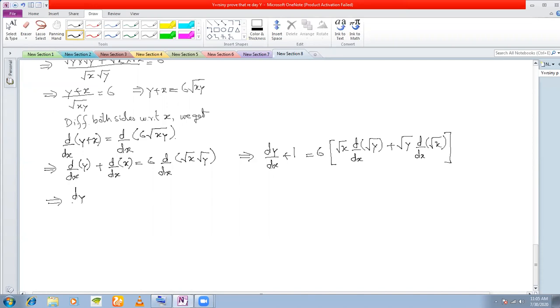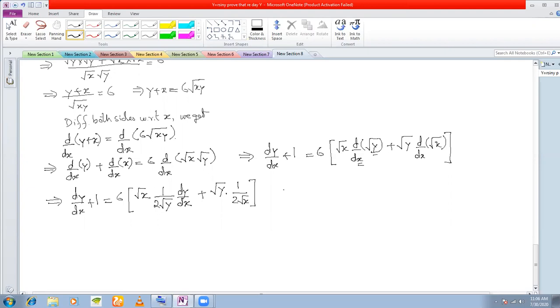Root x remains as it is. How do you differentiate root y with respect to x? First you differentiate root y with respect to y. You get 1 by 2 root y. And then you multiply by dy/dx, plus root y, and d/dx of root x is 1 by 2 root x.